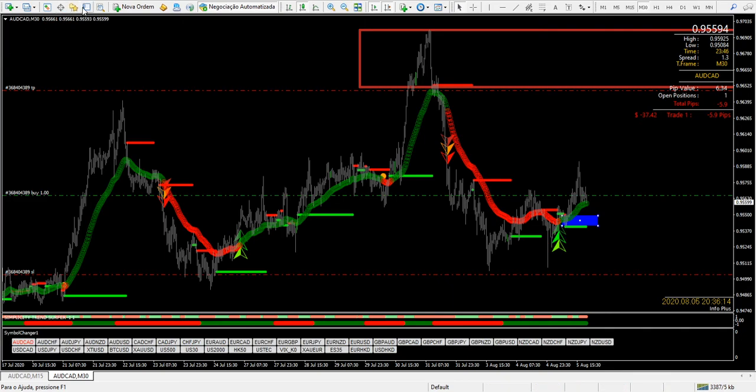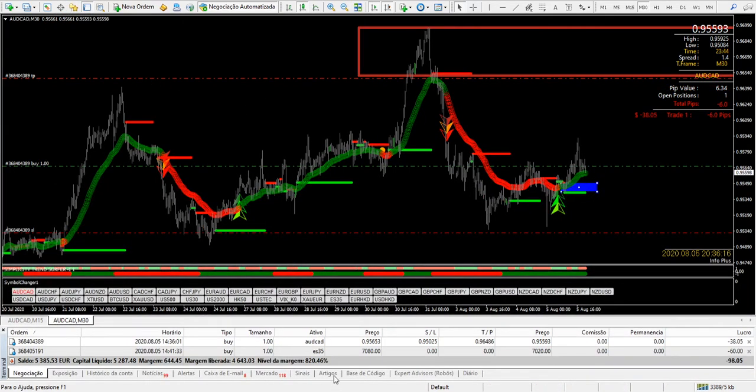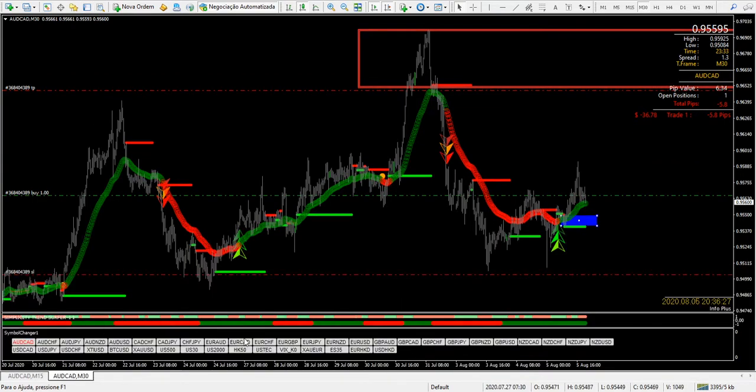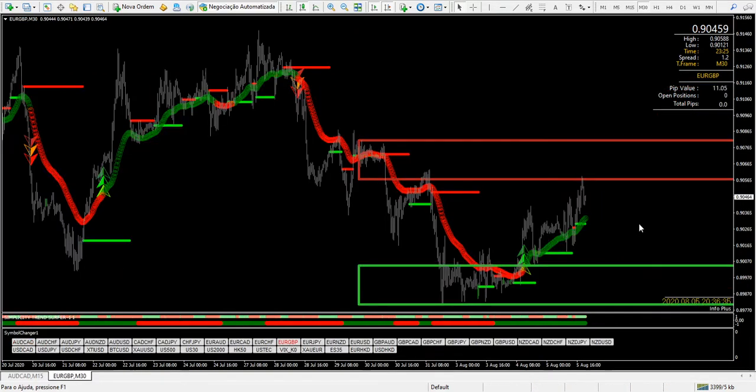Just going to analyze other trades that I'm in. It's the GBP CAD that I have already placed, and this ES, which is the index of the Spanish stock market. If you check the other trade that I was in, it was the Euro GBP 30 minutes.